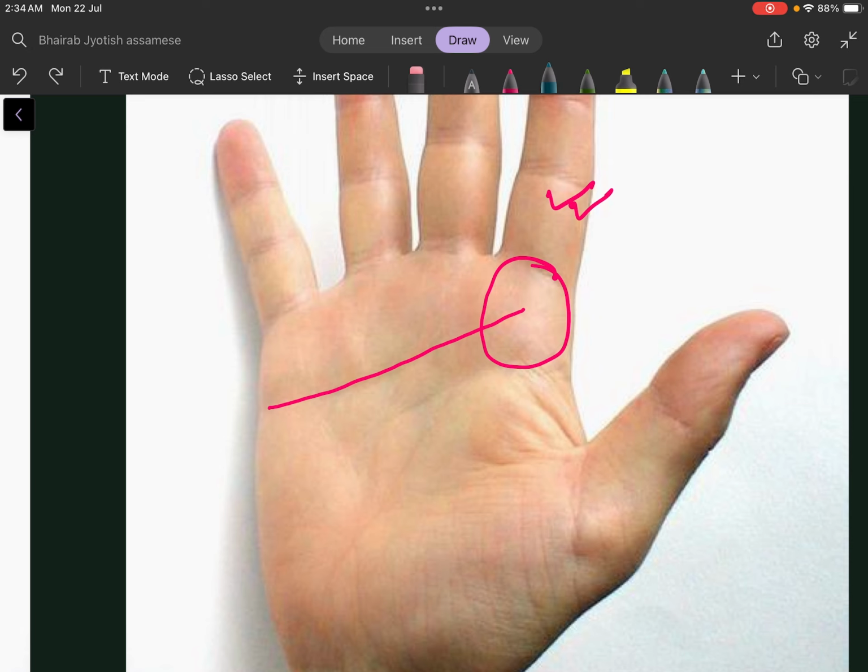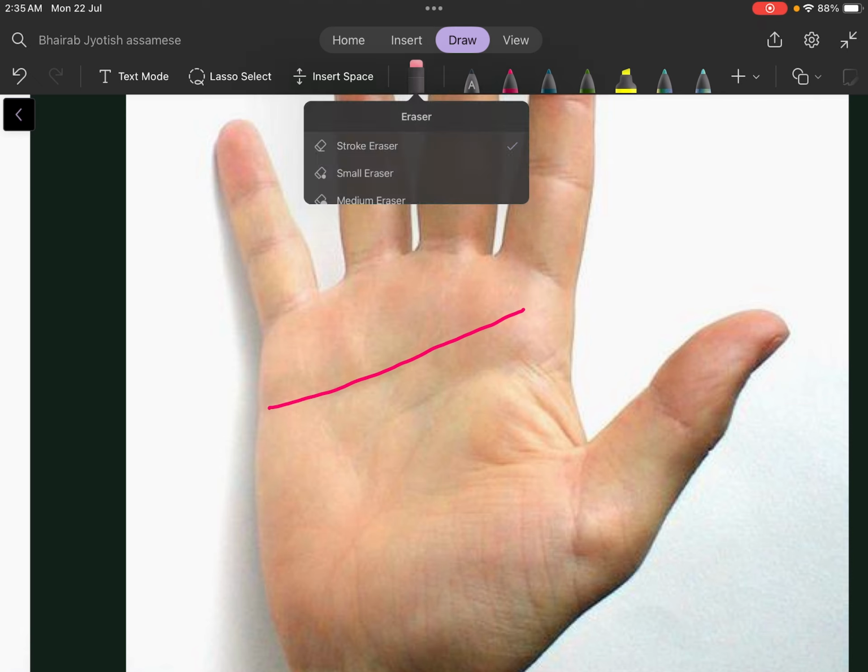So the first point is covered here. I am showing you on the left hand, but it does not mean that you need not see your right hand. I have already explained when you have to see the left hand and when you have to see the right hand. This is the first point: the line is long and straight.